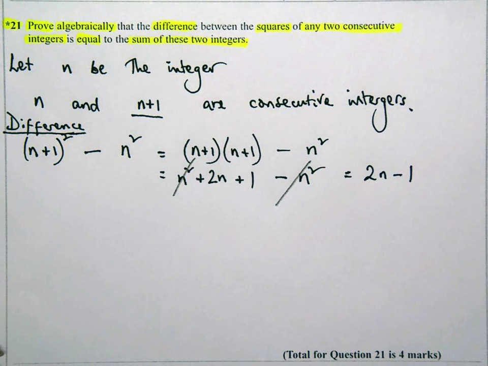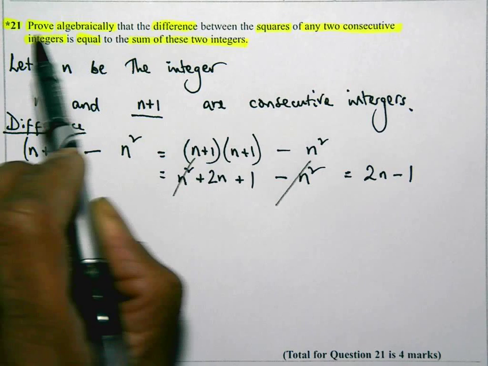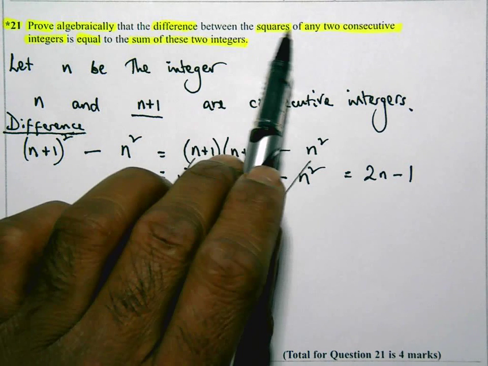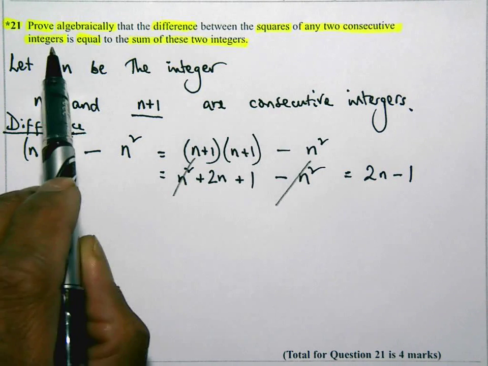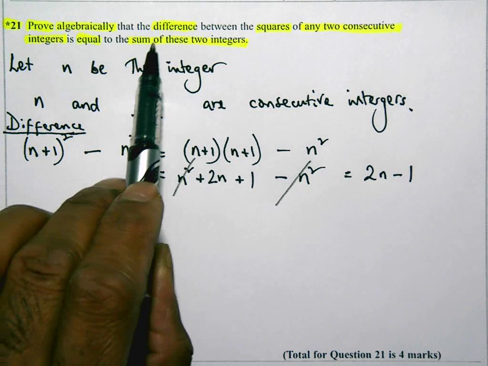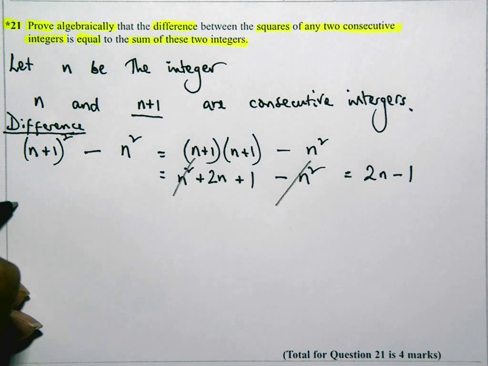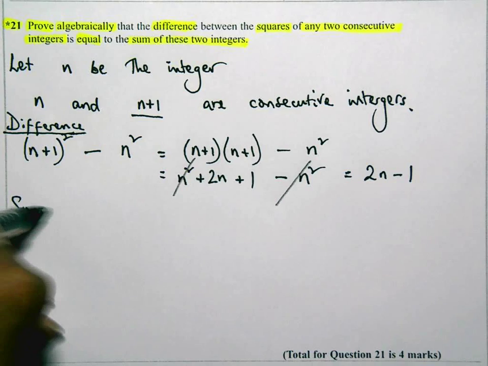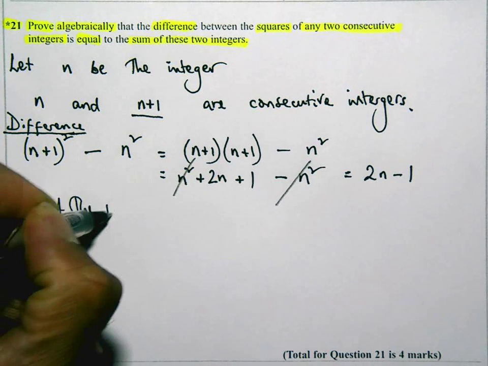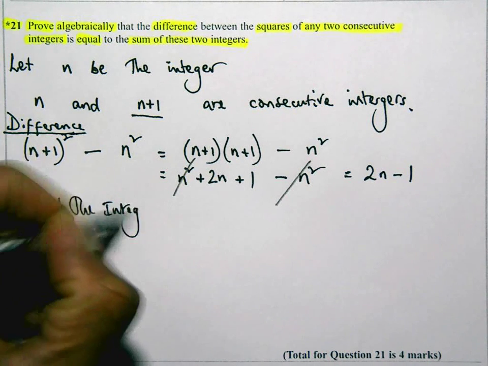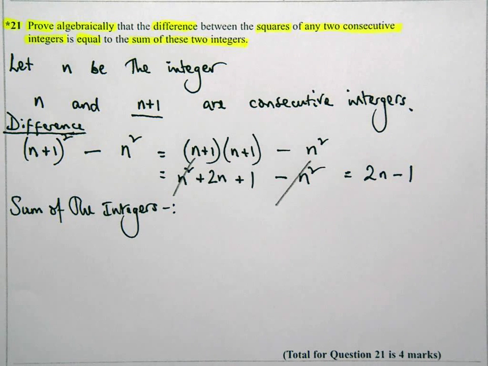Okay, now they said prove algebraically that the difference between the squares of any two consecutive integers is equal to the sum of these two integers. So I'm going to work out now the sum of the integers. Well, we said one of them is going to be n.